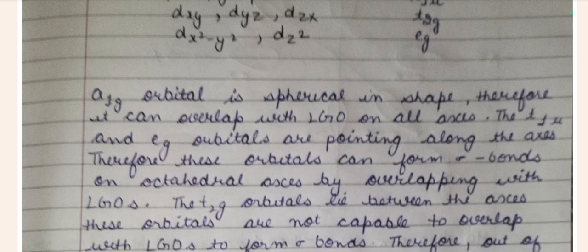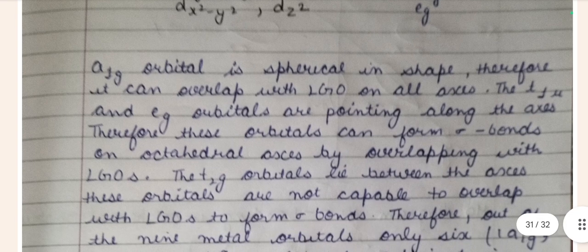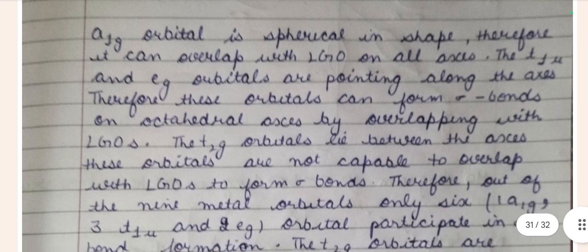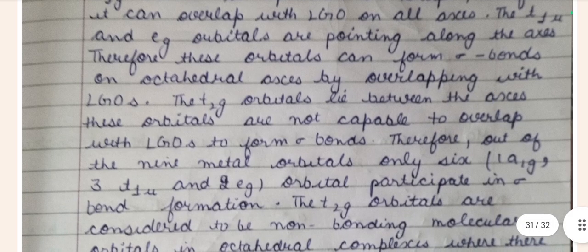The a1g orbital is spherical in shape, therefore it can overlap with the ligand group orbitals on all axes. The t1u and eg orbitals are pointing along the axes, therefore these orbitals can form sigma bonds on the octahedral axes by overlapping with ligand group orbitals. The t2g orbitals lie between the axes, and these orbitals are not capable of overlapping with the ligand group orbitals to form a sigma bond.